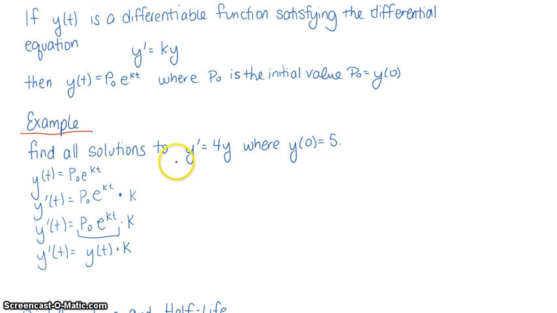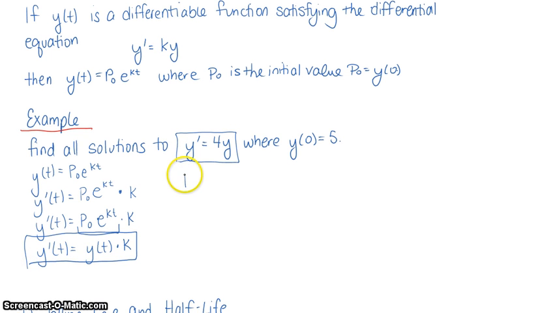So if we have this fact here, and we know that the derivative is this here, my k is going to have to equal 4 to make it 4y. Then we also need to know when y of 0 is equal to 5. So we know our y function is this. We now know what our k value is.